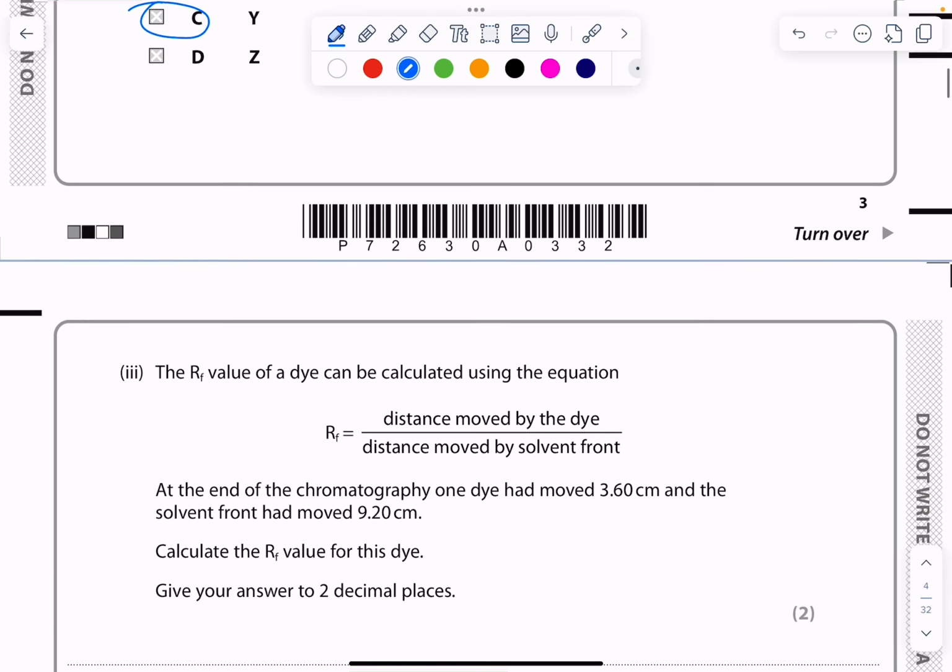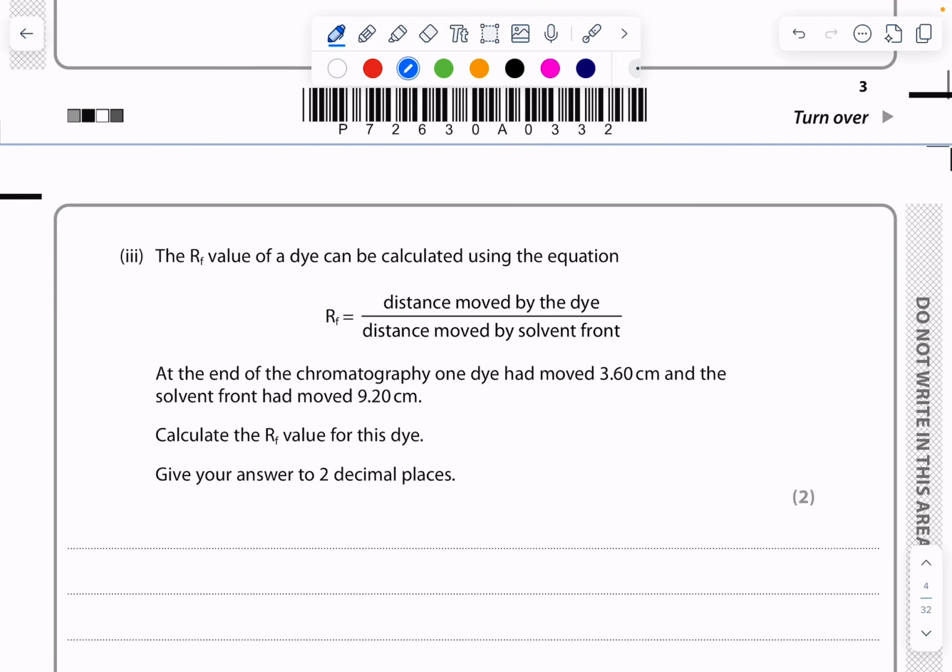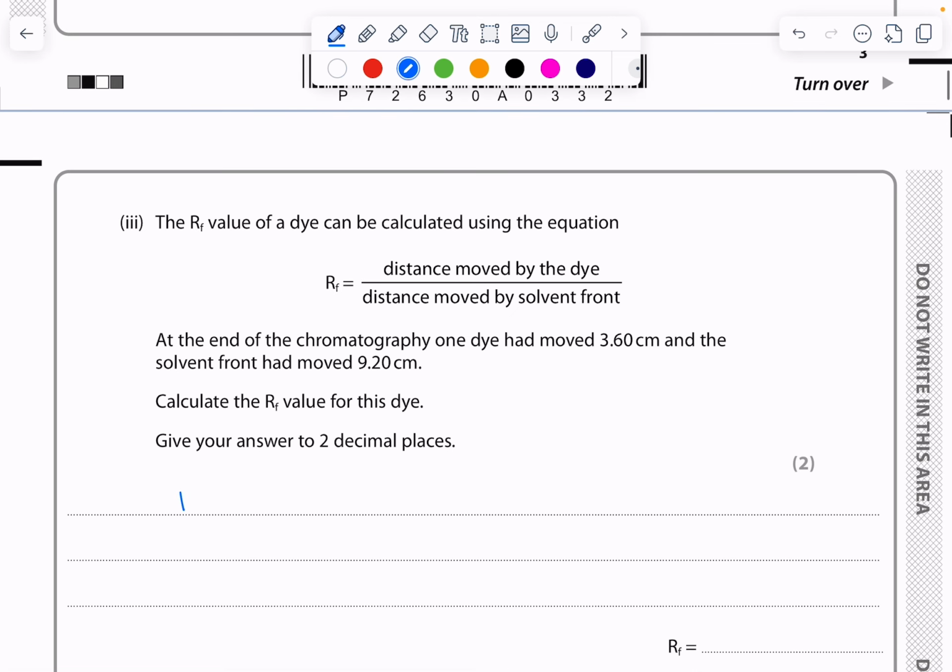Okay. Next one is based on the information we've got here to calculate an RF value. They're actually helping us by telling us the RF value equation and what it is. So if we have a look in the question, we need to see that at the end of the chromatography, one dye had moved 3.6.